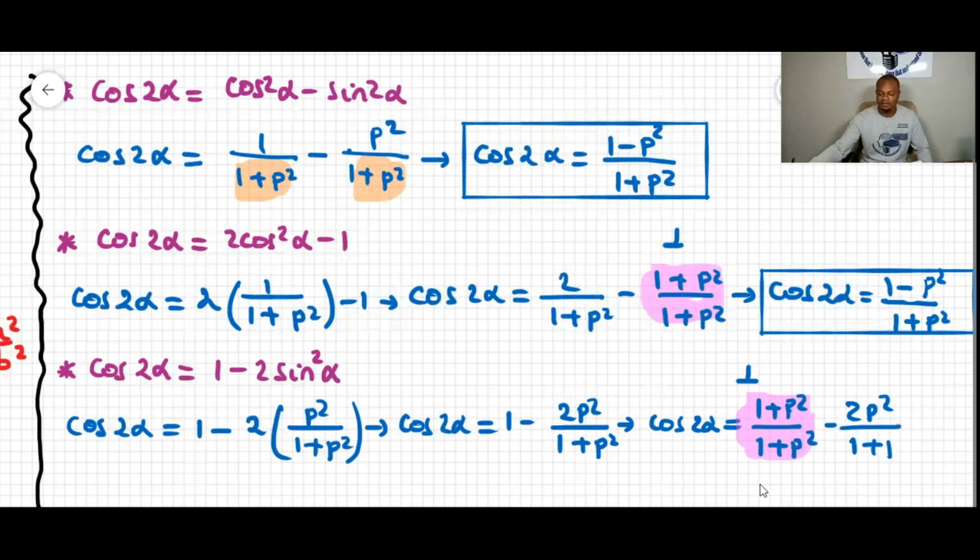Now that the denominators are the same, we can just add the numerators. There's only 1 here and no constant elsewhere, but we can do p squared minus 2p squared, which is negative p squared. Therefore cos of 2 alpha will be 1 minus p squared over 1 plus p squared. So this is also proven.